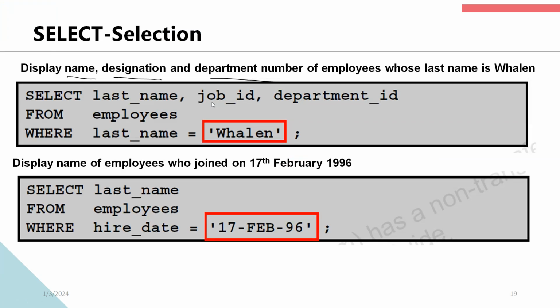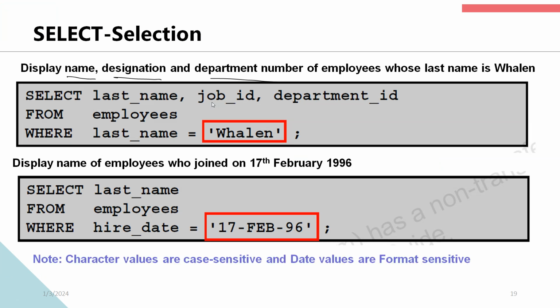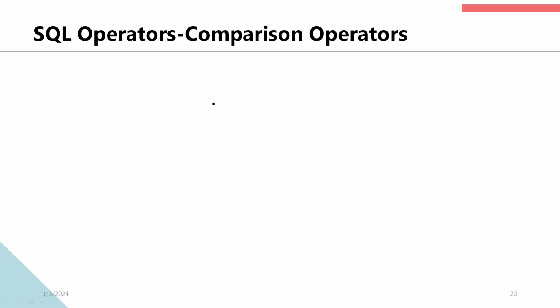So this is how we compare with character data and date data. Please ensure that character values are always case sensitive and date values are format sensitive. As I told you, the first set of operators that you can use are comparison operators, and the previous examples that we have seen use equality as the comparison operator.